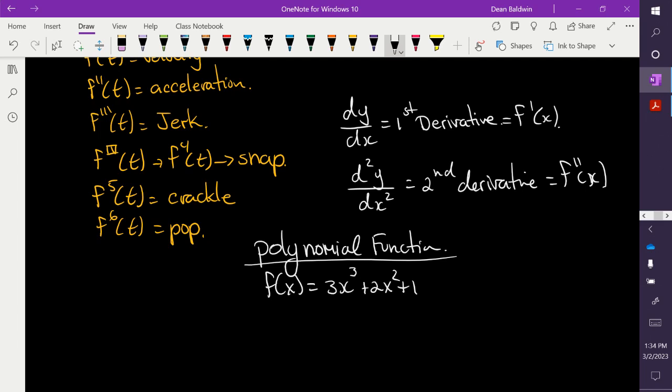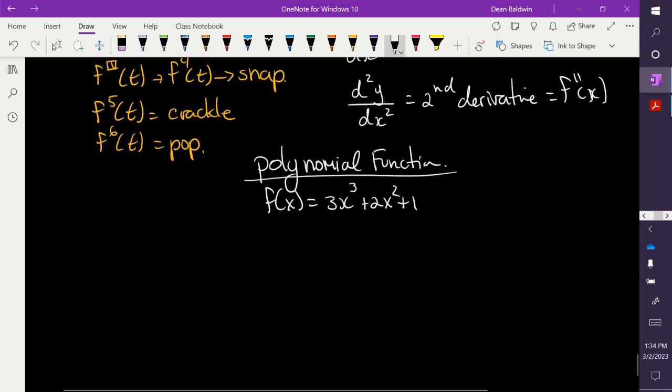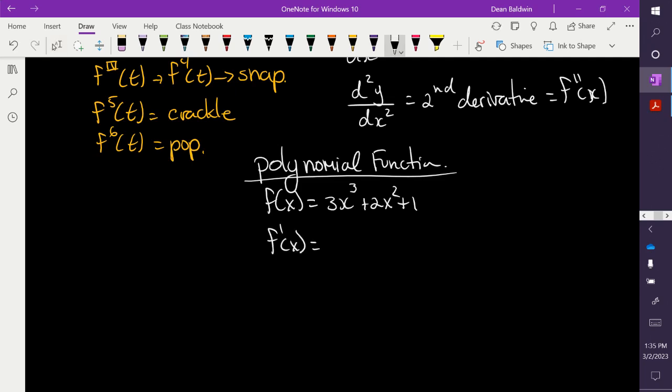And we start doing derivatives. Do you know what I mean when I say a polynomial? No negative exponents on a polynomial and no radical or fractional exponents, okay? So they're all whole number integer exponents. Or positive integer exponents, I should say. If you do the first derivative, what's the first derivative of this function?